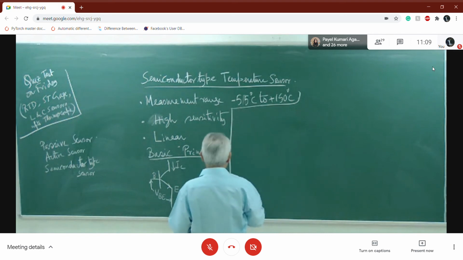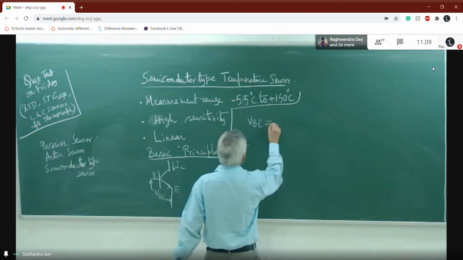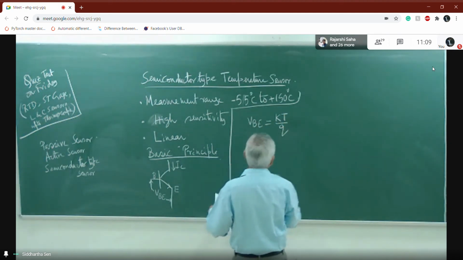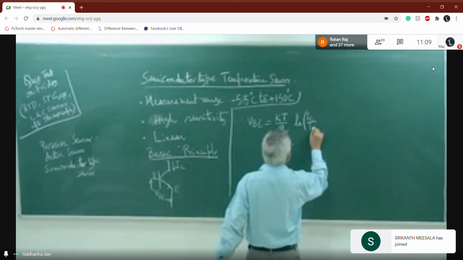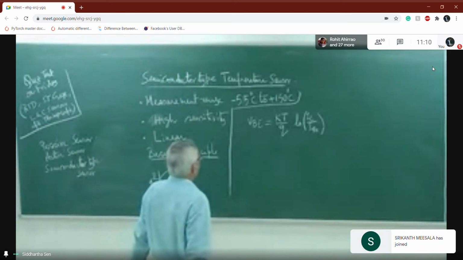The relationship is that VBE is equal to KT divided by Q into natural log of IC by IC0. So this is your IC.